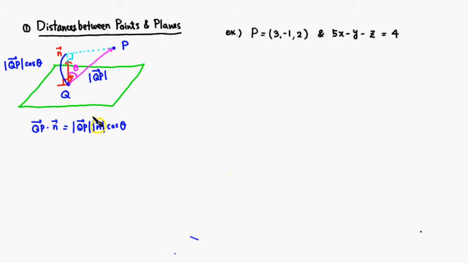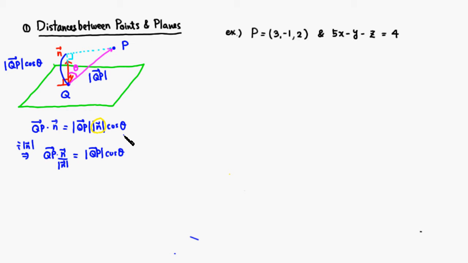We can easily get rid of that by dividing through by the magnitude of the normal vector. So QP dot n, divided by the magnitude of vector n, gives us the magnitude of QP times the cosine of theta.